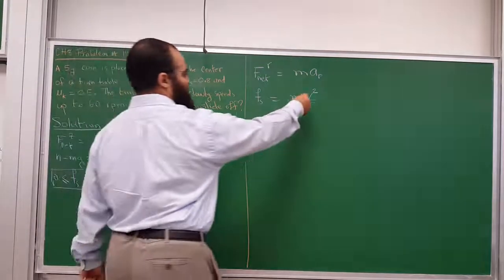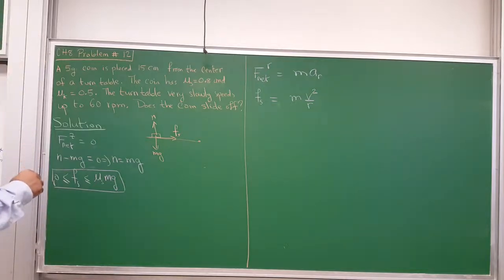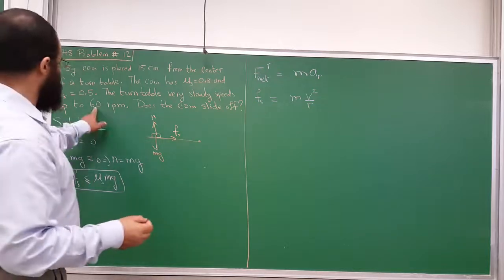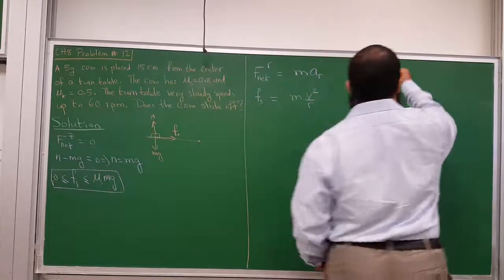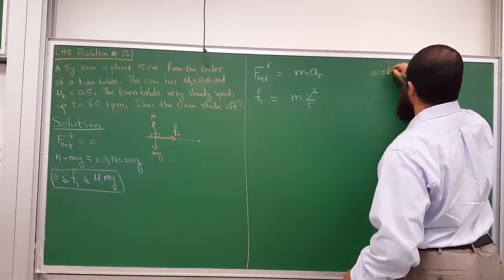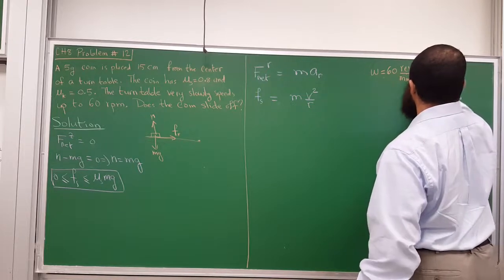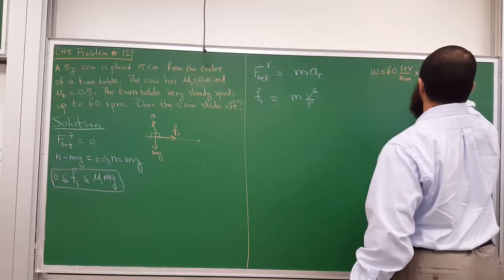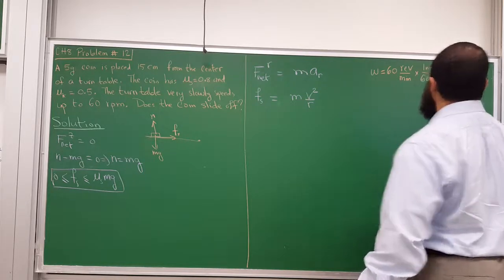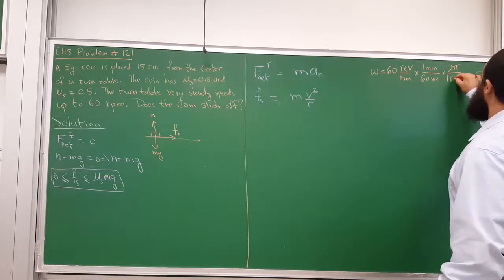So to do this, first of all, we have the radius, and I have omega here. It's 60 RPM. Remember, RPM means revolutions per minute. We need radians per second, so times 1 minute for every 60 seconds, and then times 2π radians for every 1 revolution.